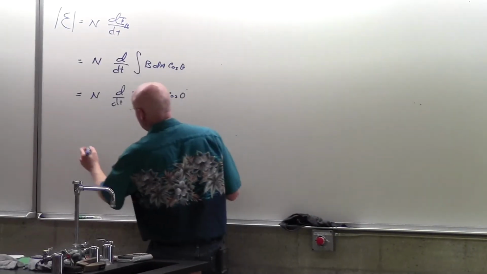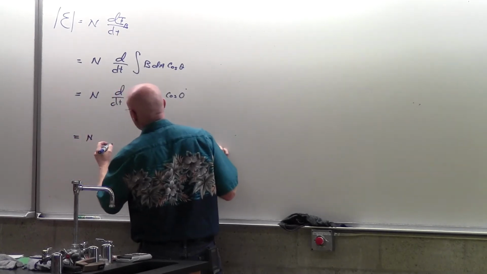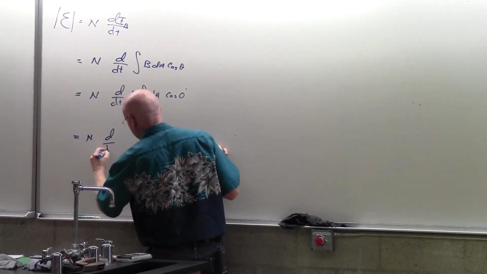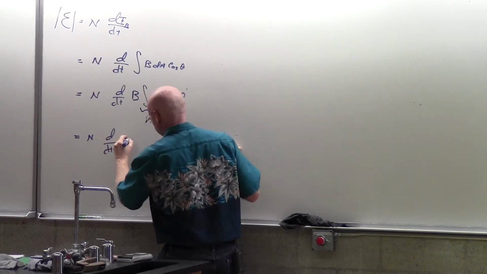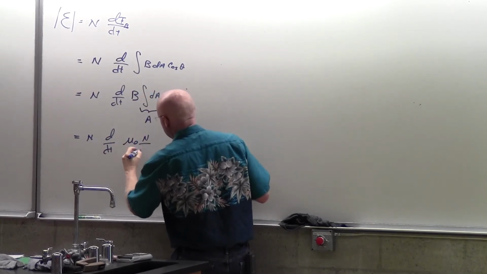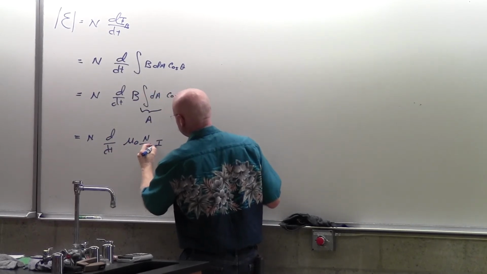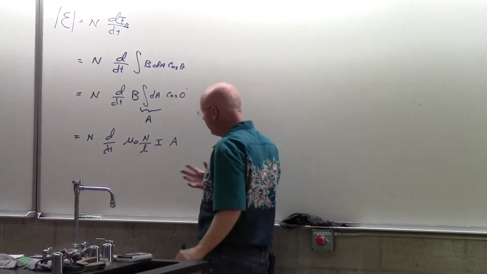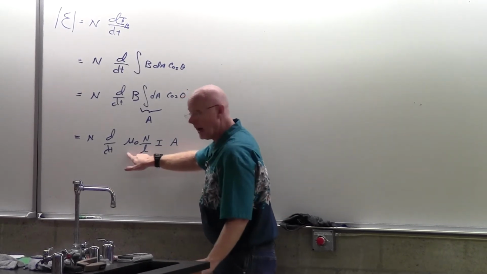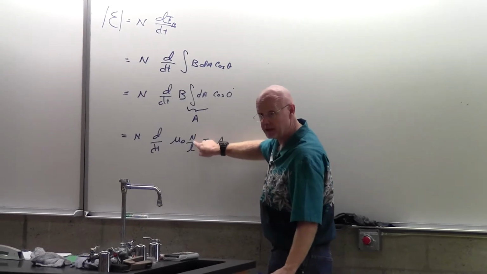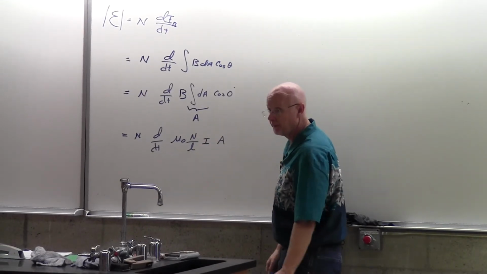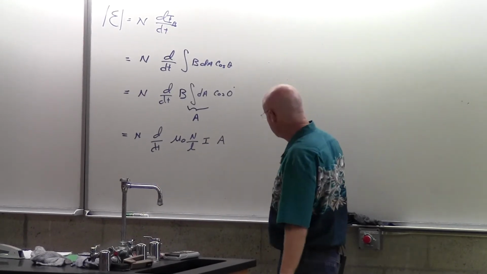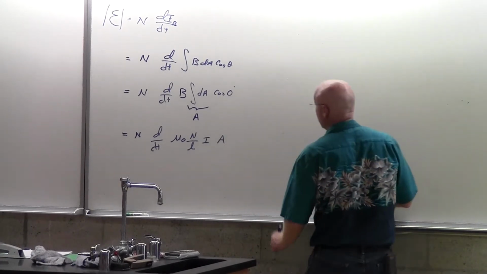And of course, the other nice thing we learned about a solenoid is that the magnetic field from a solenoid is mu naught times what we call the turn density times the current, and then times the area.